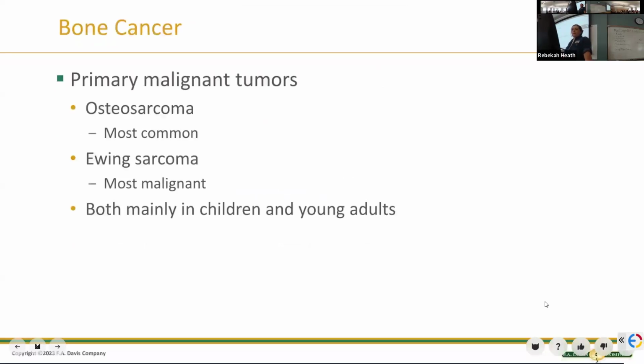Bone cancer. So primary malignant tumors, what that means is primary and secondary cancers, and you guys are going to have cancers more in third MedSurg 3. Primary cancer means it started here. This is the primary source. Secondary is like, oh gosh, what's that word?